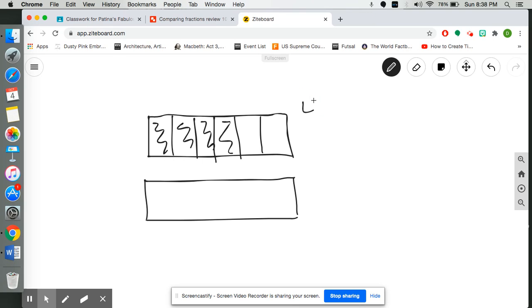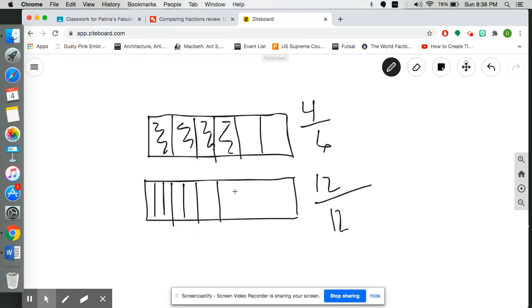So this is 4/6, and this is 12/12. Well, if you have some fraction sense, you might already know that if the fraction is the same on the top and the bottom, it is a whole, but let's draw a picture anyway. So I'm going to split this part into 6 equal parts. 1, 2, 3, 4, 5, 6.